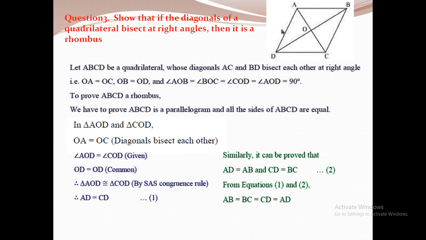And we also proved that in that parallelogram, all the sides are equal. Therefore, it is a rhombus. So this is how we can prove that if the diagonals of a quadrilateral bisect at right angles, it is a rhombus.